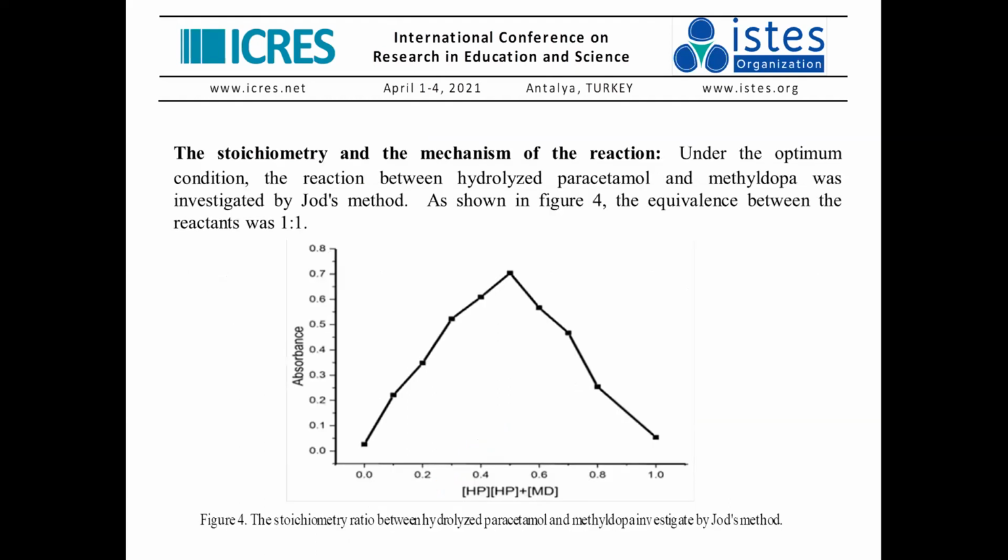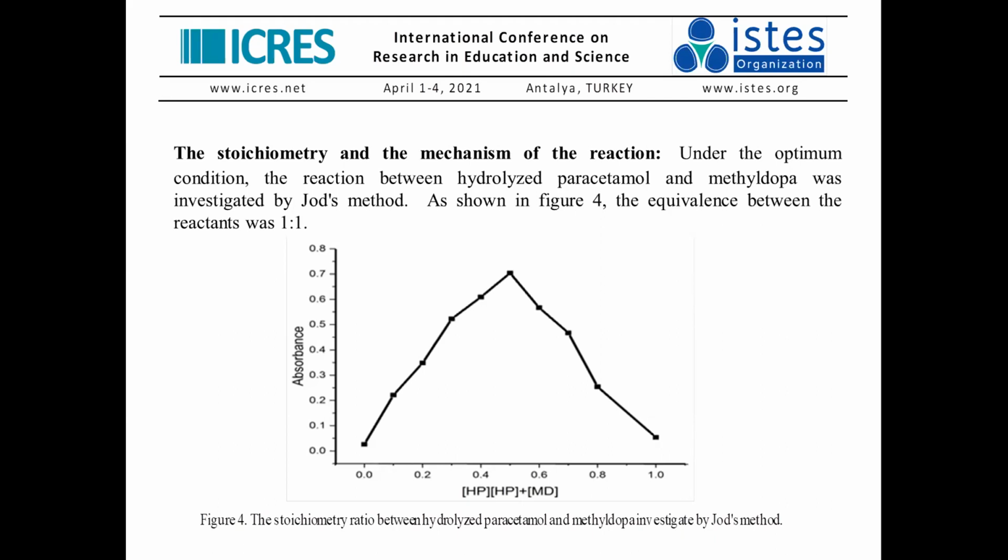Also, we have to study the stoichiometry and the mechanism of the reaction. That means we don't know, when we start, how many moles of A react with how many moles of B. Therefore, we do this stoichiometric study, and it is usually done by two methods. One of them is called the Job method, and the other one is called the mole ratio method.